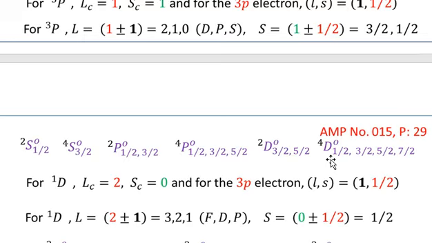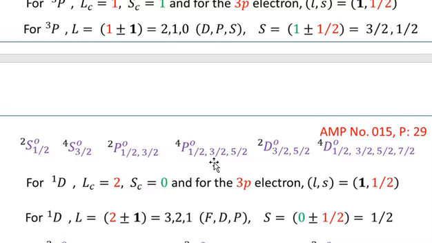And the total value of capital J is equal to the mod of capital L plus minus capital S, that is, the mod of 2 plus minus 3/2. If you evaluate this, you will obtain 1/2, 3/2, 5/2, and 7/2. Similarly, the other total angular momentum quantum numbers will be obtained.